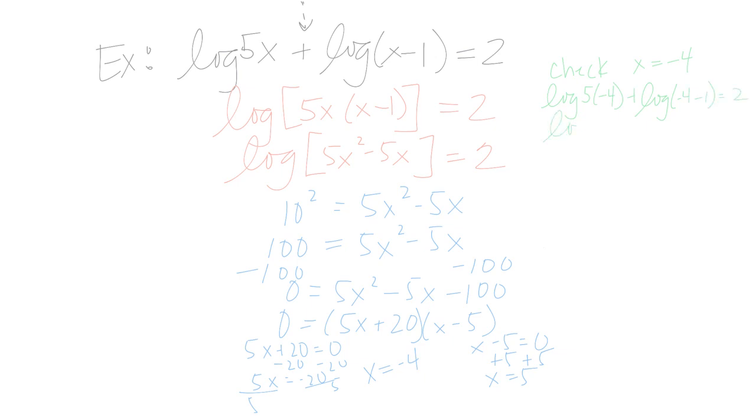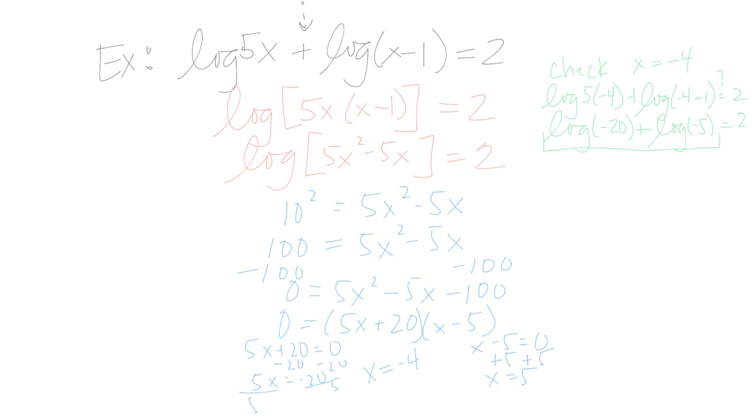So that's log base 10 of negative 20 plus log base 10 of negative 5. Does that equal 2? Well, it can't. So right here, I already know to stop because I can't take a log of a negative, right? That's part of the definition of a log.